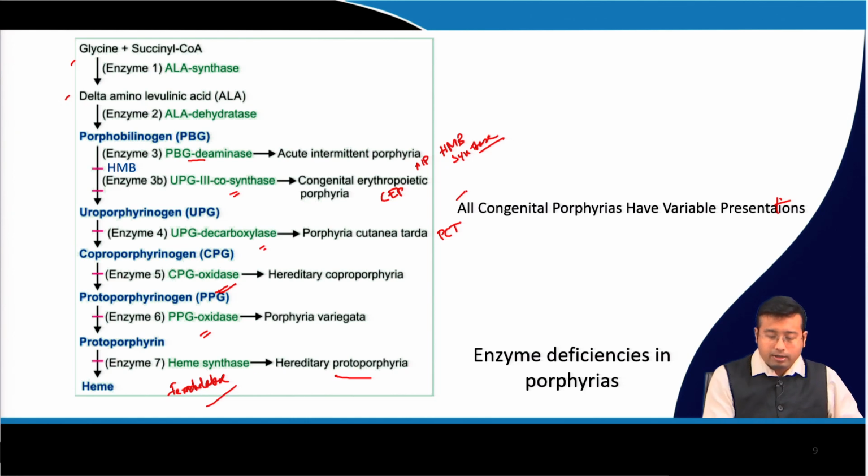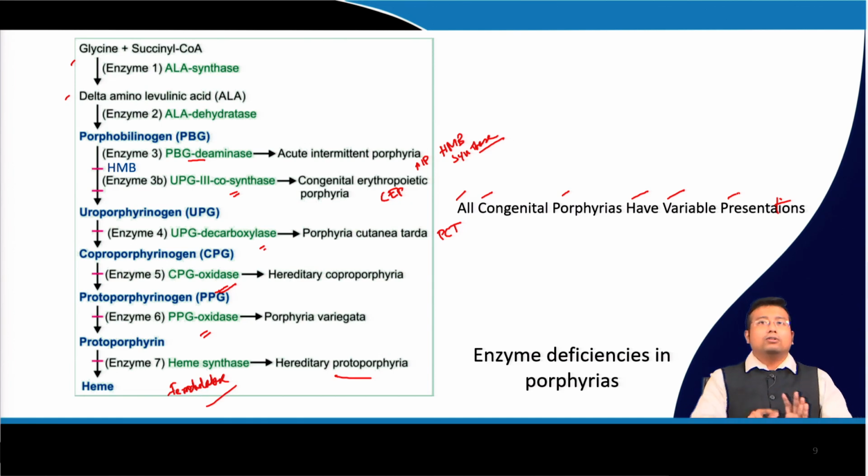Acute intermittent porphyria, congenital erythropoietic porphyria, porphyria cutanea tarda, hereditary coproporphyria, variegate and protoporphyria, alright. So, all congenital porphyria have variable presentation. This is a phrase, a mnemonic by which again you can remember the names, right. So, there is a lot of memorization that you need to do, and you can take the help of these keys to memorize them in sequence.